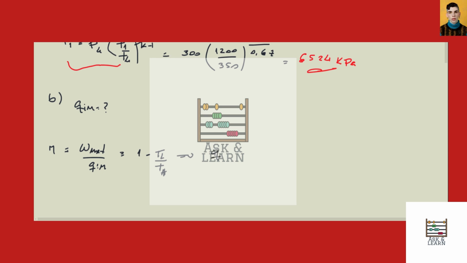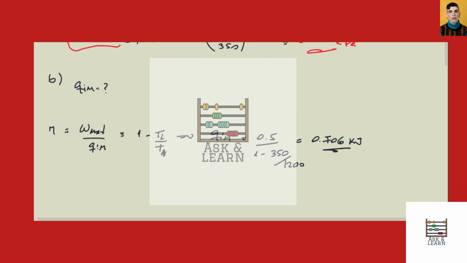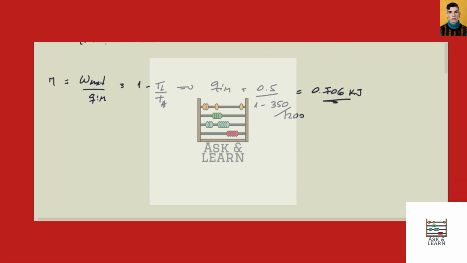Therefore, the input heat is going to be equal to 0.5 divided by 1 minus 350 over 1200. Calculating this, we find that the input heat is going to be 0.706 kilojoules.